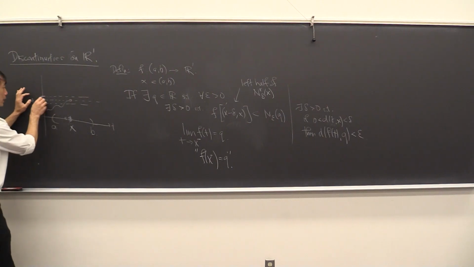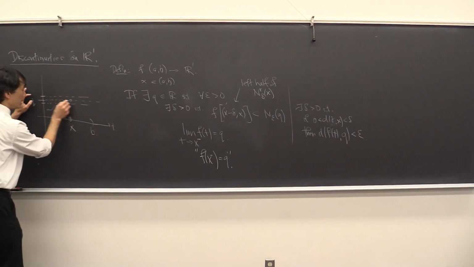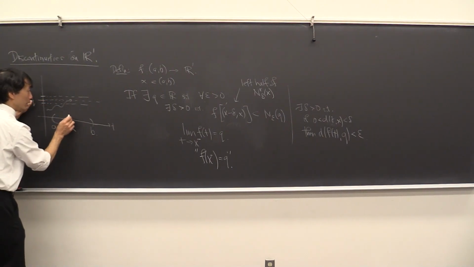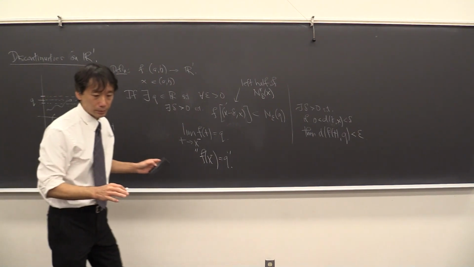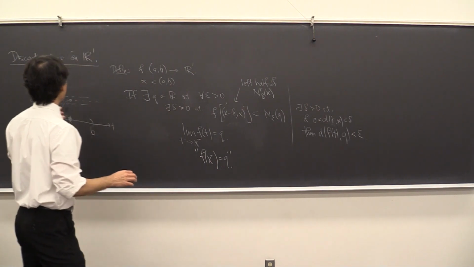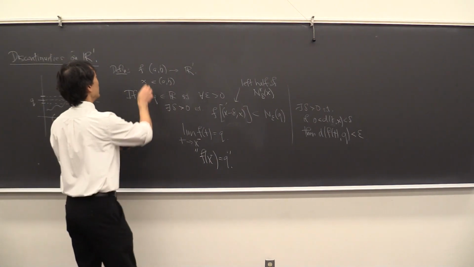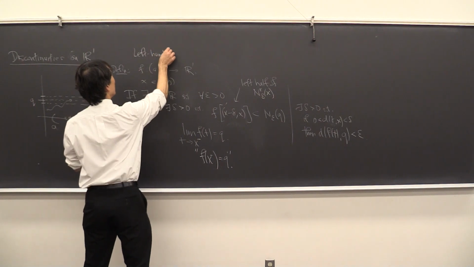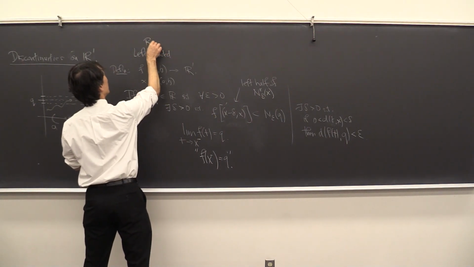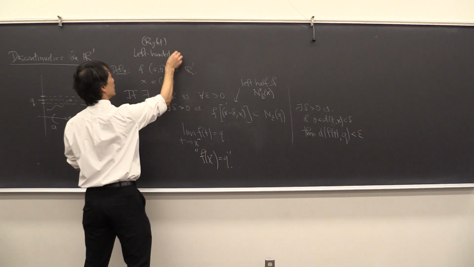I can take a tiny one, and I can still find a delta neighborhood that gets mapped inside there. Okay, so that's left-handed limits and right-handed limits.